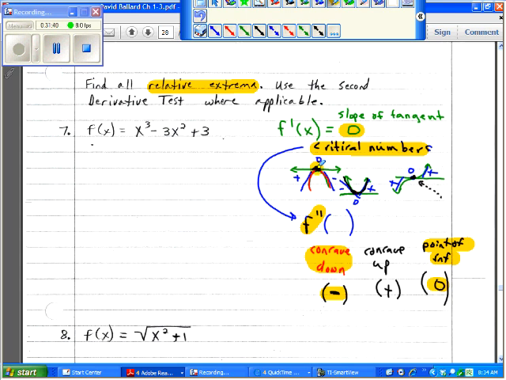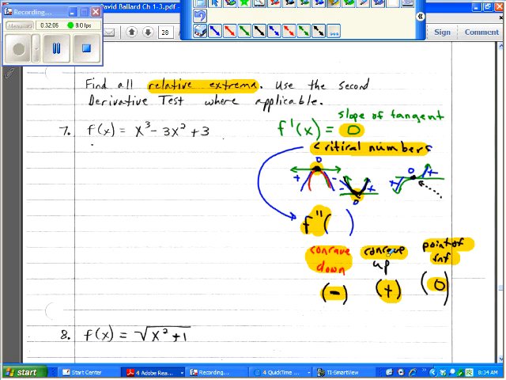Therefore, at that point, it must be a relative max, because the first derivative says it's either a relative max, relative min, or point of inflection. If we plug a critical number into the second derivative and it comes out positive, we know it's concave up. So at that critical number, since it's concave up, there must be a relative minimum.